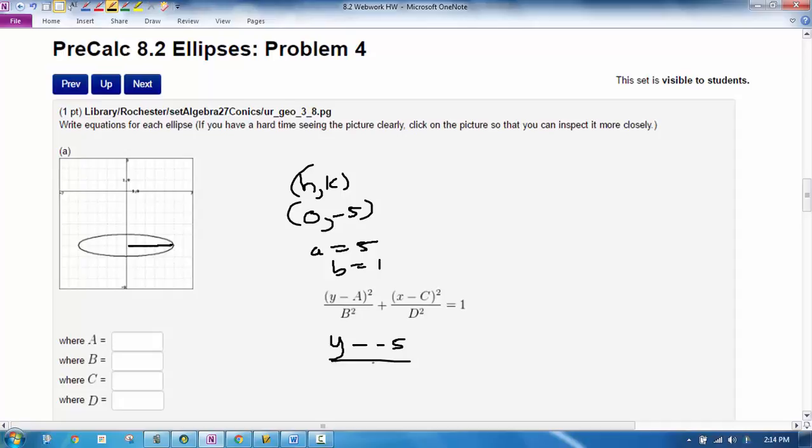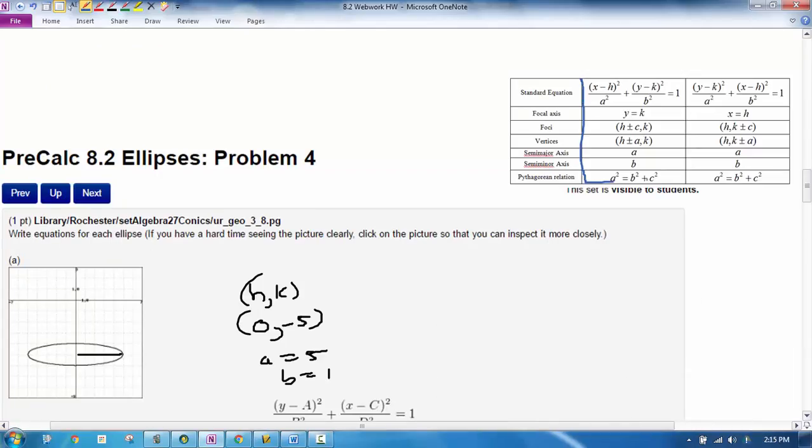So that'd be 1 squared plus x minus c, and I'm comparing to this formula on the formula sheet. Let me put it up for you right here, where a is underneath x, because this is the one that opens horizontal with a horizontal focal axis. I know they have these two terms switched in their equation, so keep that in mind.